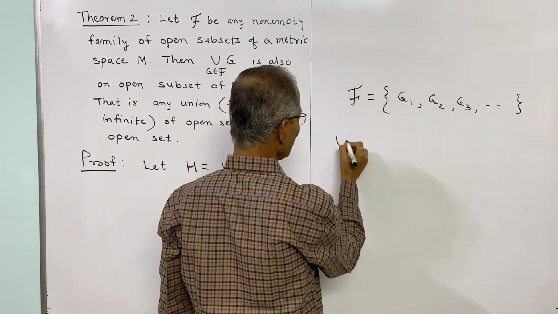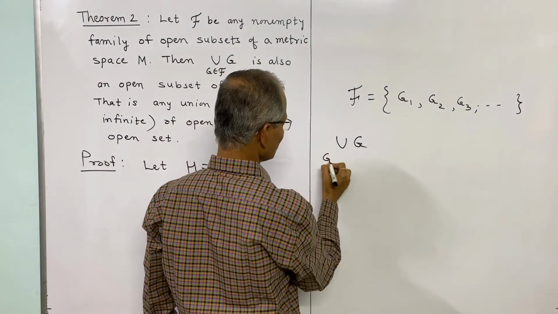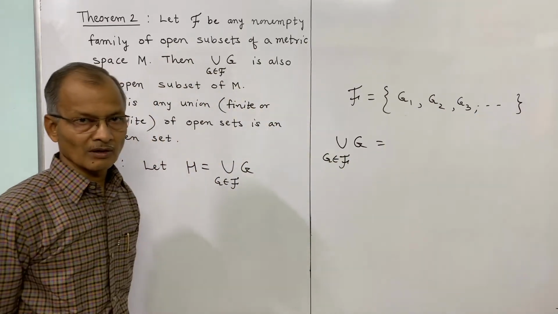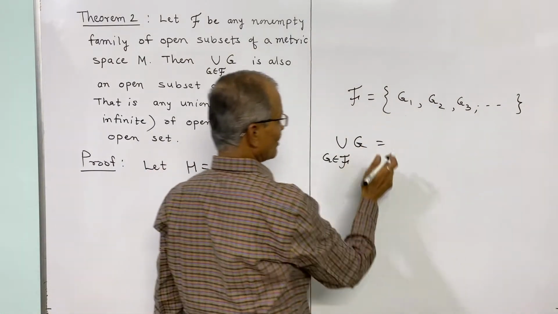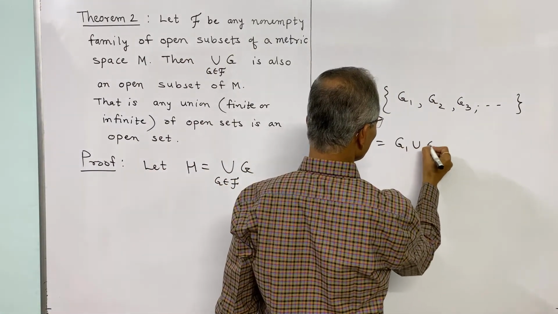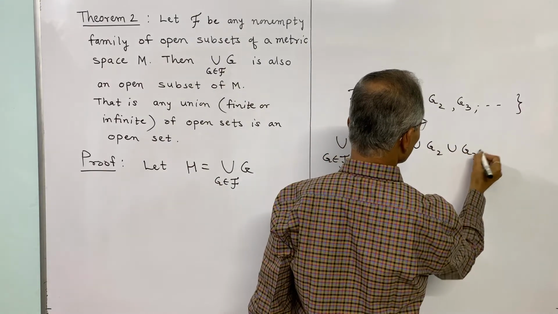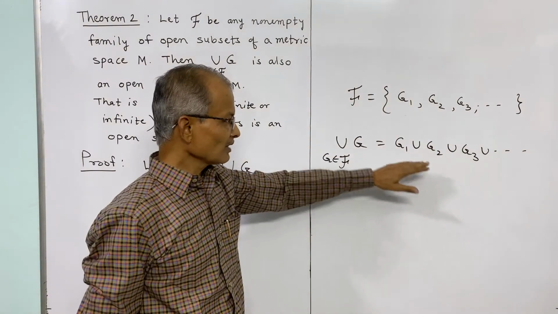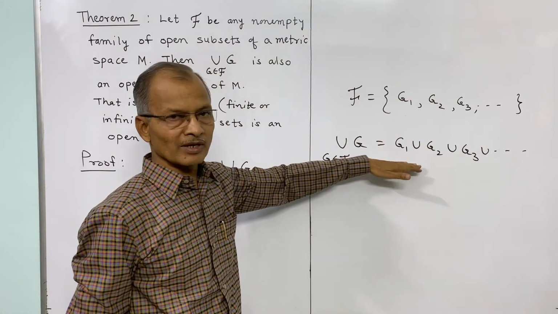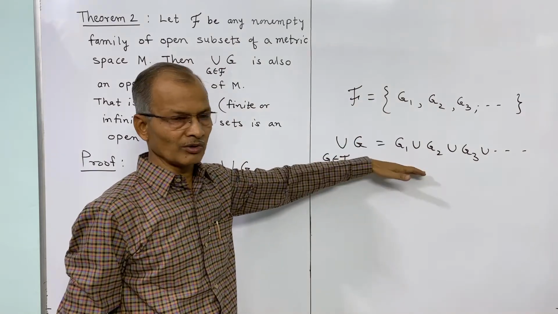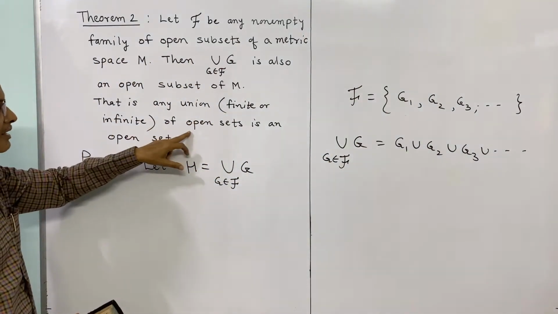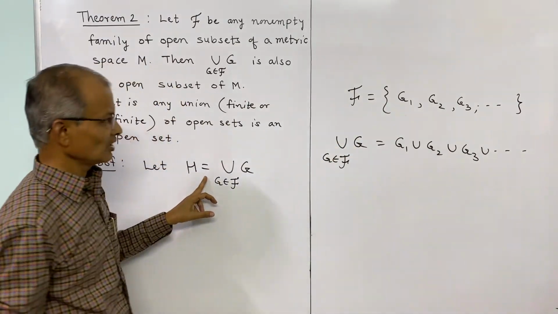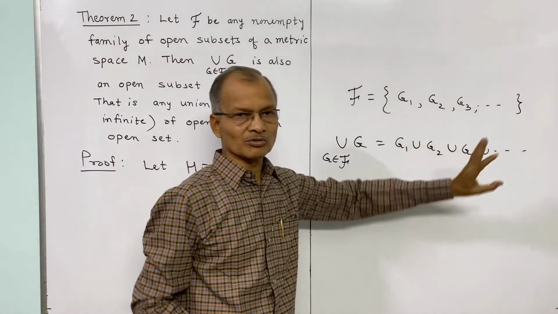The union of G, G belongs to F, is the union of all the members of this family, so this means G1 union G2 union G3, etc. That is the meaning. We have denoted this union by H, so H actually means G1 union G2, etc.